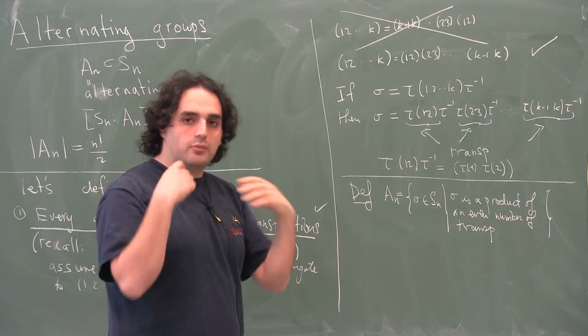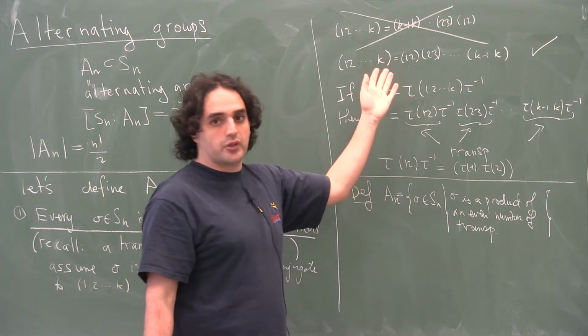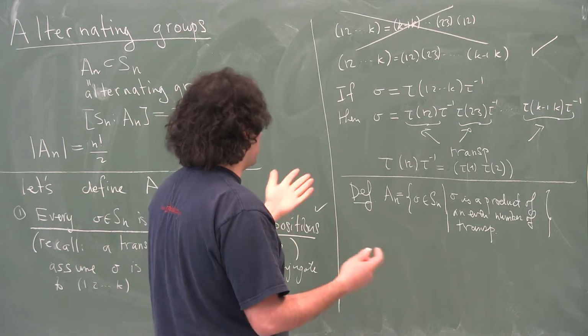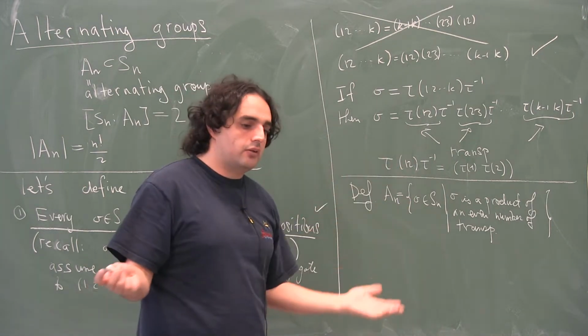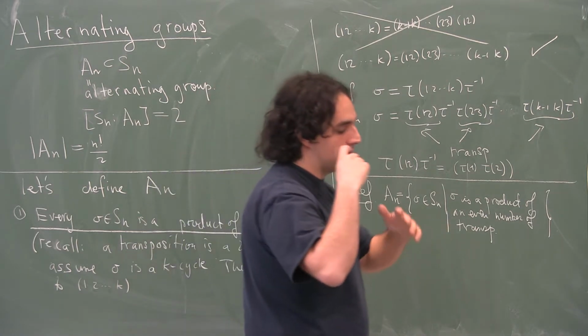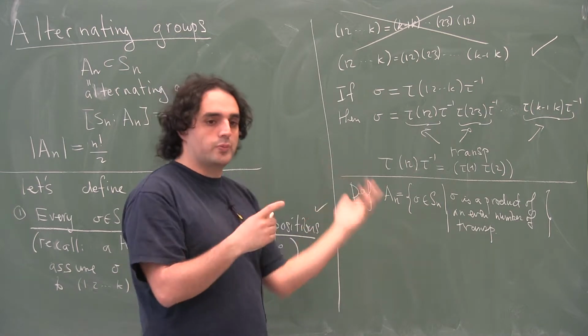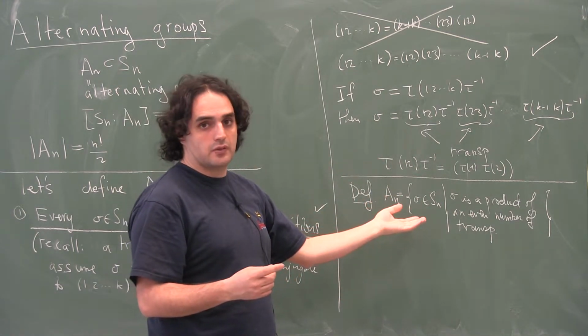Every permutation can be represented as a product of transpositions in many ways. This is just a convenient one. And then you might be worried, maybe my permutation sigma is a product of 7 and 14 transpositions, or 7 and 10 transpositions. Oops, 7 is odd, 10 is even, then this definition doesn't make sense.